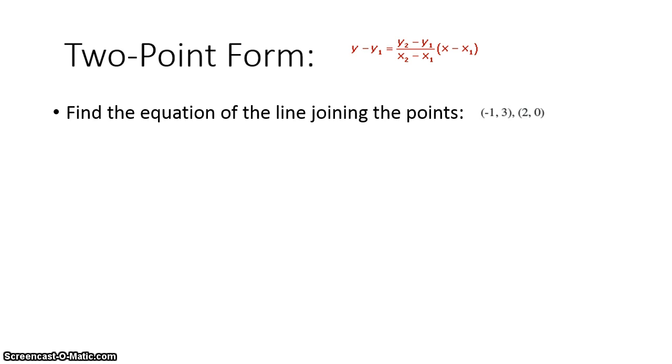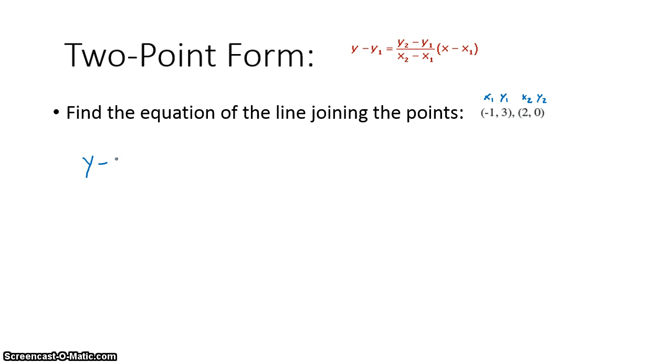2-point form. Obviously you use this when you're given 2 points. You can also use a different method to work it out, but I'm going to go with this, and I think you'll be happy with it too. Let's have a look. I'll show you both methods. So first of all, label these points: x1, y1, x2, y2. Now it's straightforward.